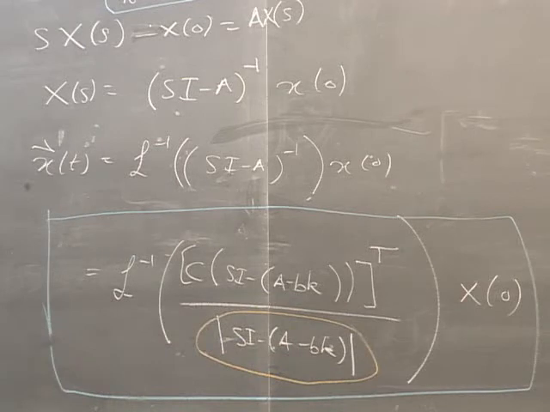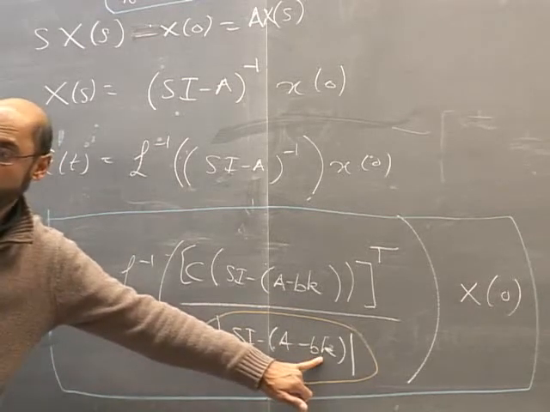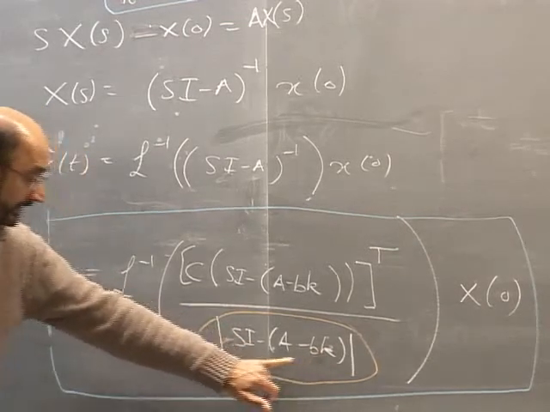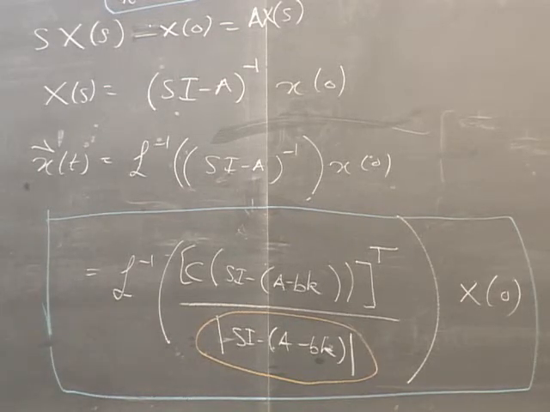We can choose the value of k, because k is our control, so that the roots are in the left half of the complex plane, and if that is done, then the system is going to be stable.